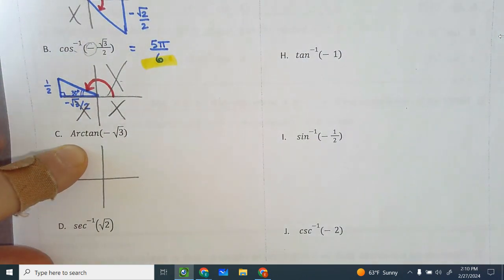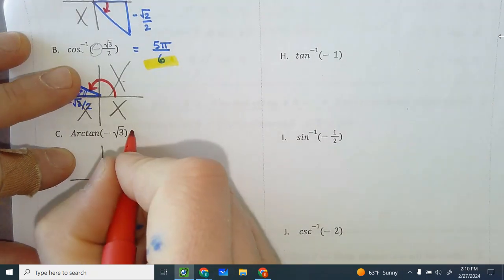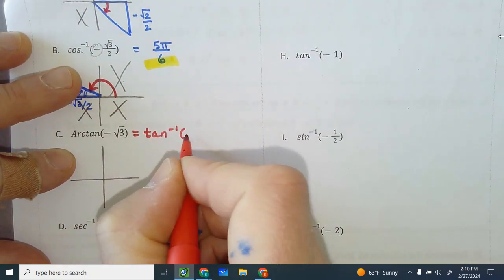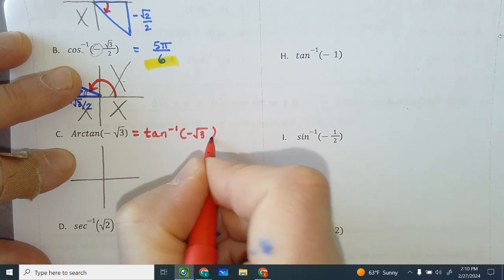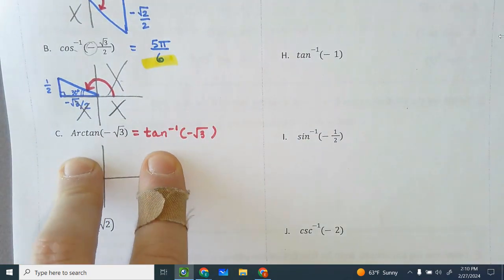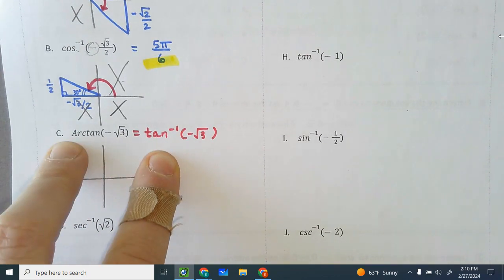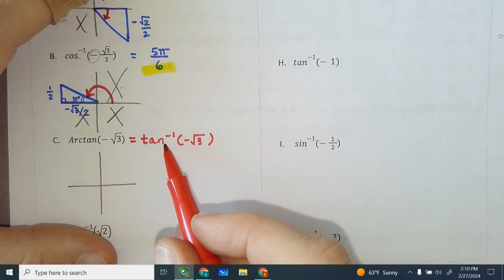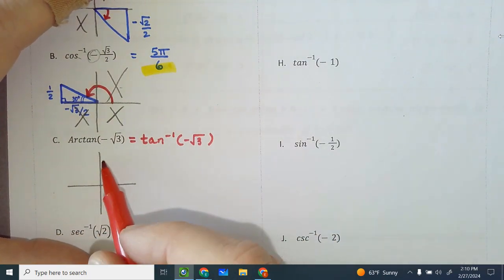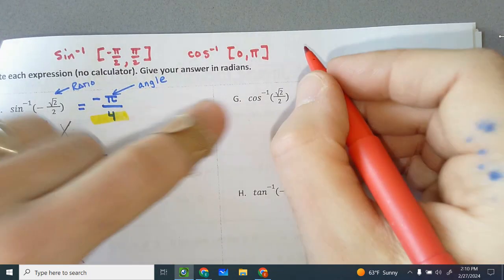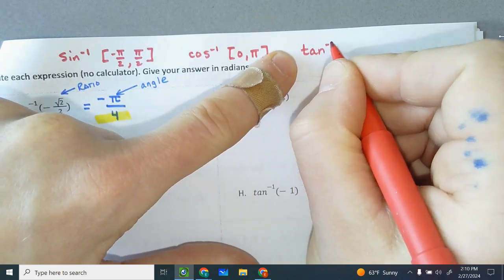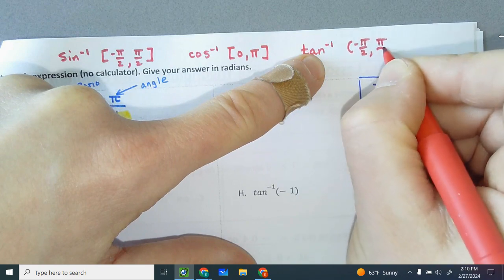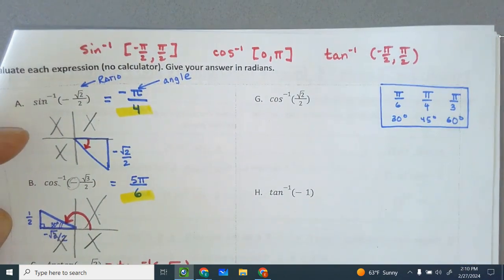Arctan. Now, I should mention that when you see arctan, that means the exact same thing as inverse tan. So we have two names that mean the exact same thing. Arctan, inverse tan. So you want to think to yourself, inverse tangent, is that the right side or is that the top? Reminder that inverse tangent is from negative pi over 2 to pi over 2. So that's the right side that you're working with.